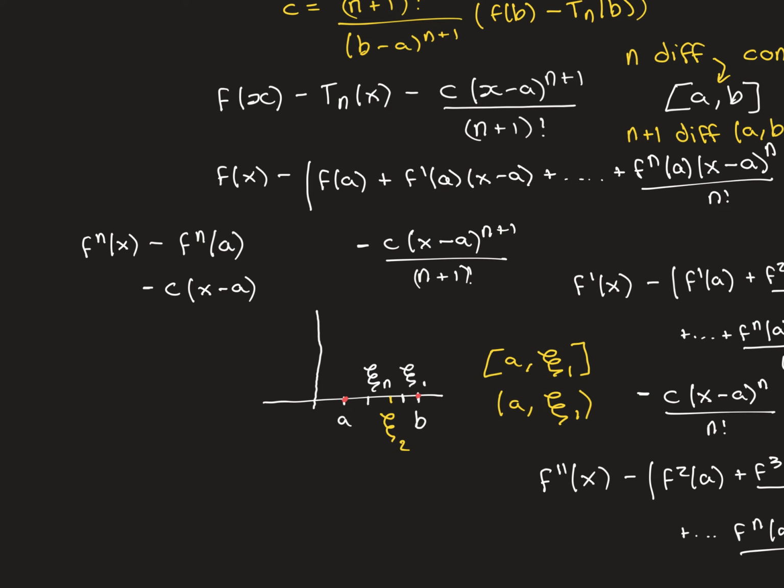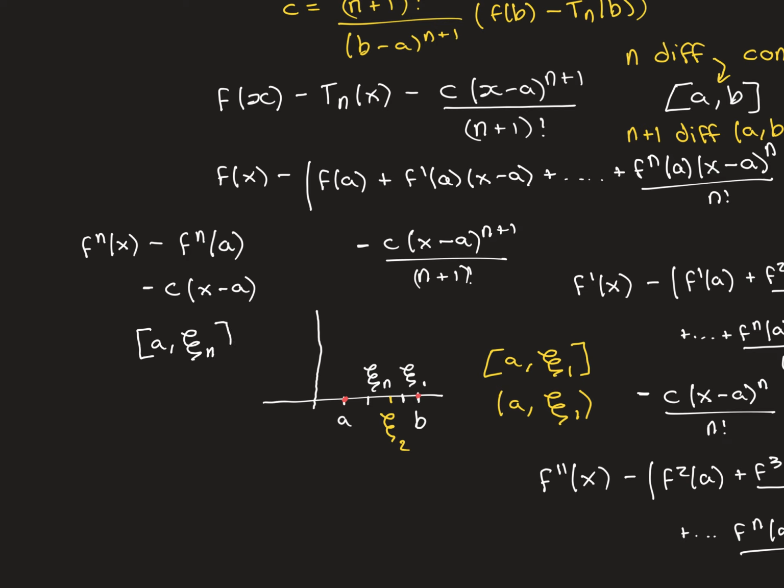Stick in a here, it gives 0. So the value of the nth derivative of my function at a is 0. I also know that it's going to be 0 at xi n.